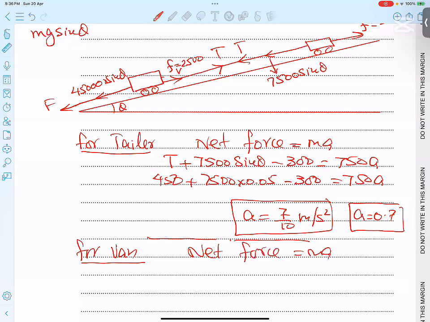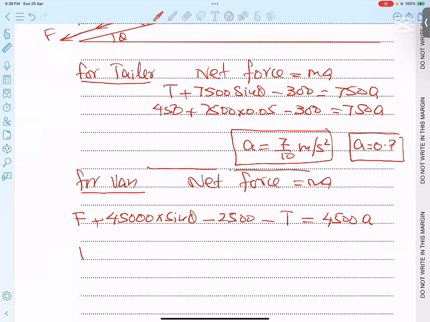So I'm writing here, students, 45,000 into sine theta, plus I write capital F, and minus friction force, and minus tension is equal to MA, which is 4,500 times acceleration. I will plug in the values, capital F unknown.